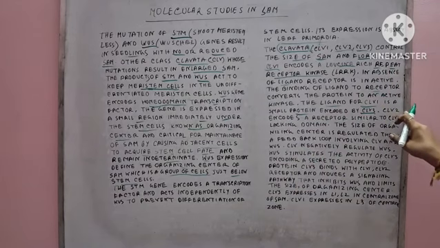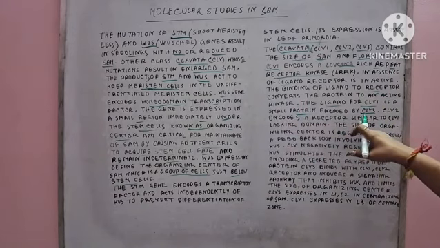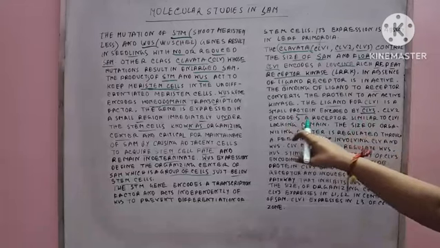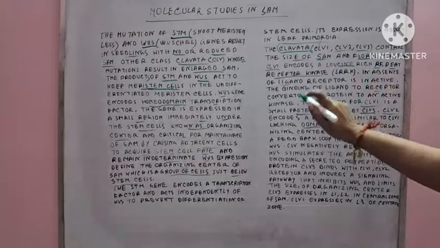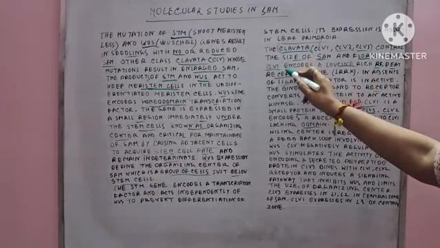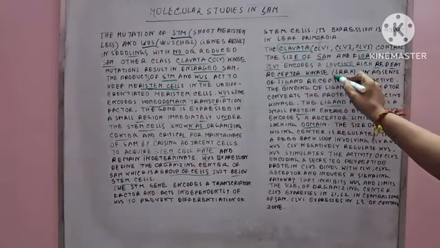And CLV2 encodes a receptor similar to CLV1, but this has no kinase domain. The same thing is happening in CLV2: a CLV1-like receptor is there for binding with the ligand, but the domain is absent. Clear?